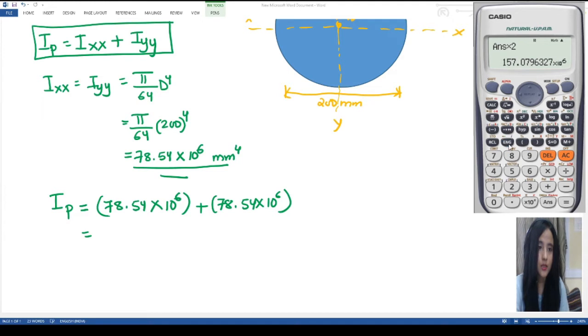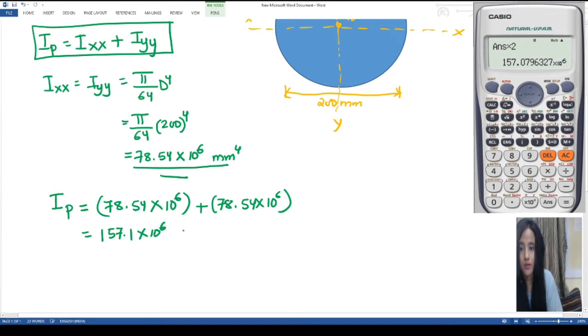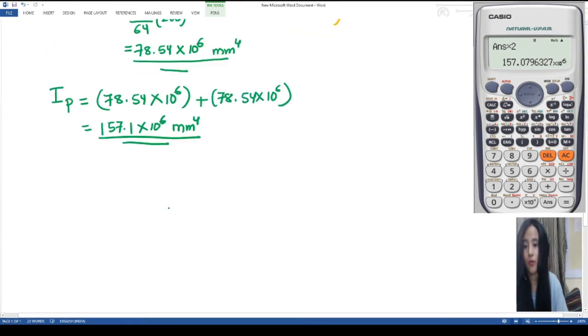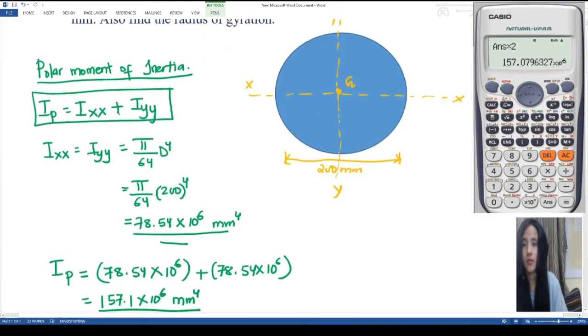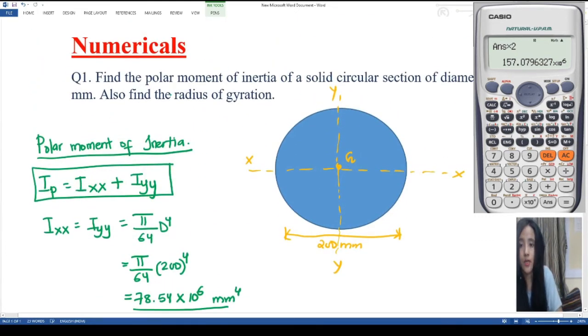So we are getting 157.1 into 10 raised to power 6 mm raised to power 4. So this is your polar moment of inertia, or the moment of inertia about the third axis, IZZ.